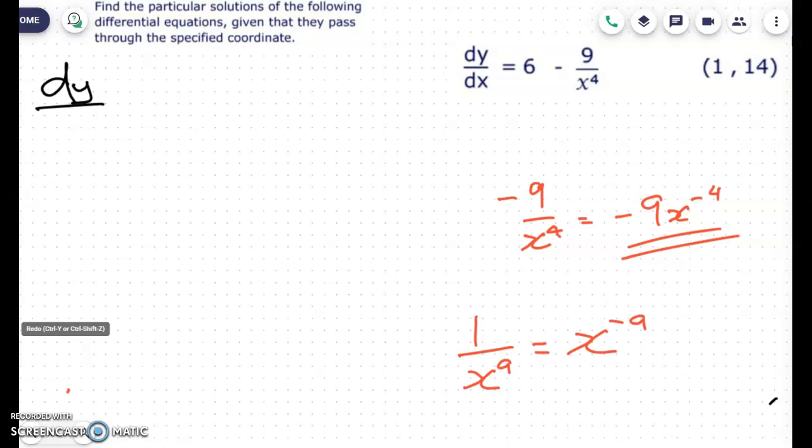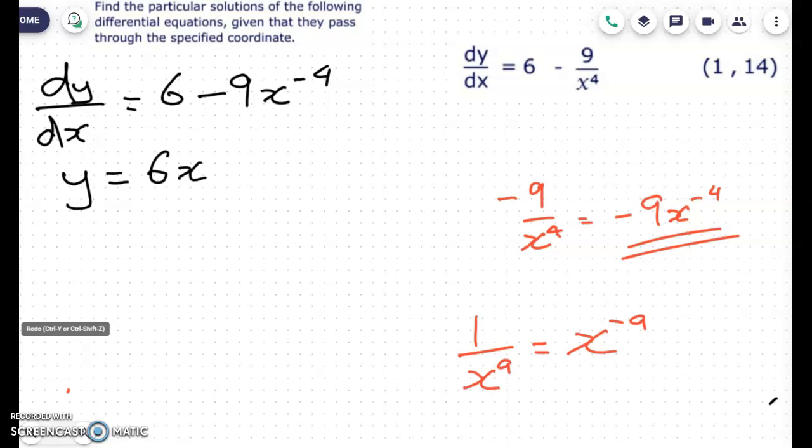So we've rewritten this like that, and now we can anti-differentiate. So 6, of course, goes to 6x. Now, this is going to be tricky here because we've got a negative number. What are we going to do here? Let's just write it over here.